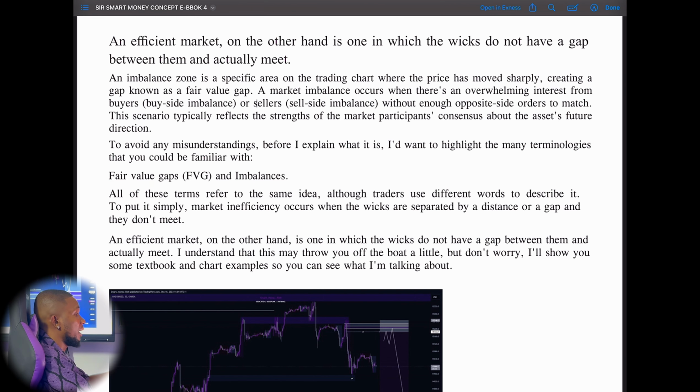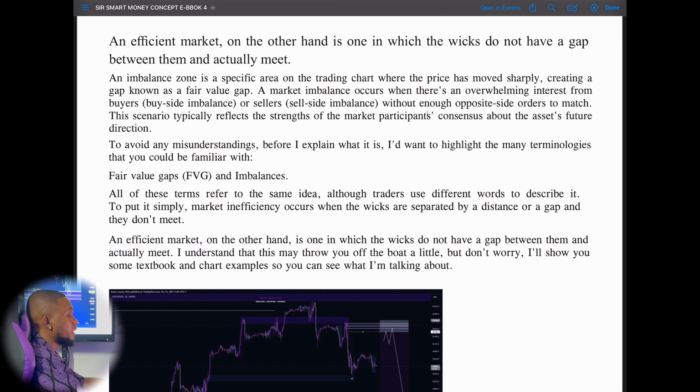So guys, an imbalance zone is a specific area on the trading chart where the price has moved sharply, creating a gap known as fair value gap. A market imbalance occurs when there is an overwhelming interest from buyers, which we can call the bullish imbalance, or buy side imbalance, or sellers, which we call the sell side imbalance or the bearish imbalance.